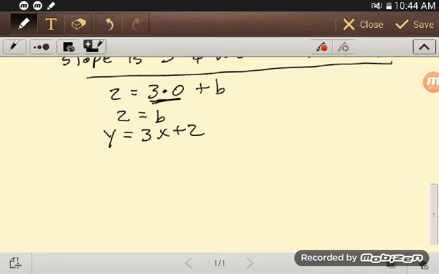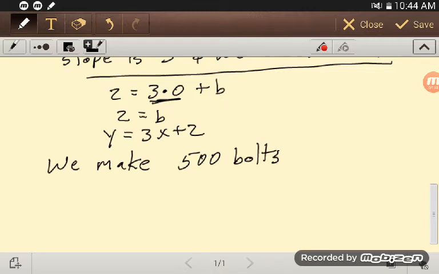It could be, again, I'll use time because it's often the way we look at things, and I could say something like, we make 500 bolts. Maybe I'm a manufacturer of bolts or something like that. We make 500 bolts per hour.